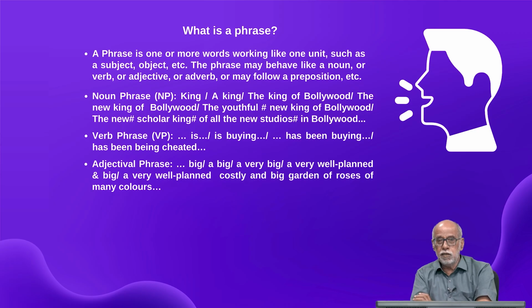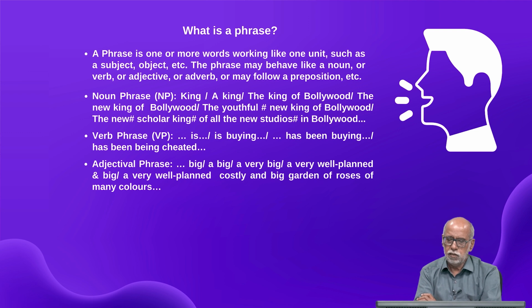A king of a kingdom, a king of a young age, okay? The new king of Bollywood, 5 words or more. The youthful new king of Bollywood, then within one phrase you will have a pause if it has so many words.